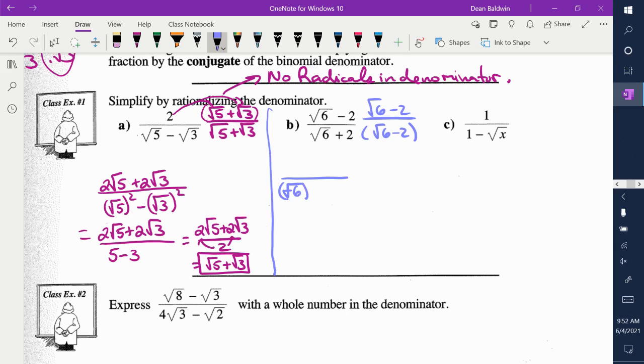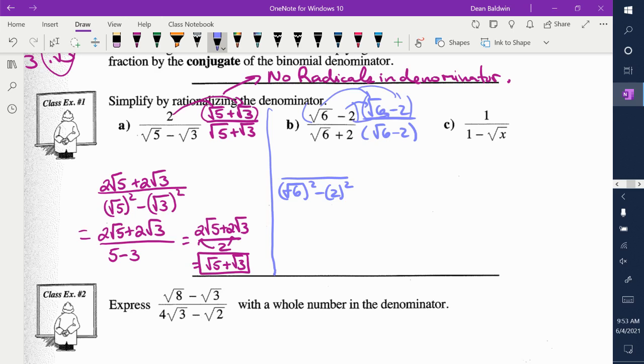Root 6 squared minus 2 squared. Okay, what do I have to do to the top, though? You're going to have to FOIL it. So the top's going to get ugly.